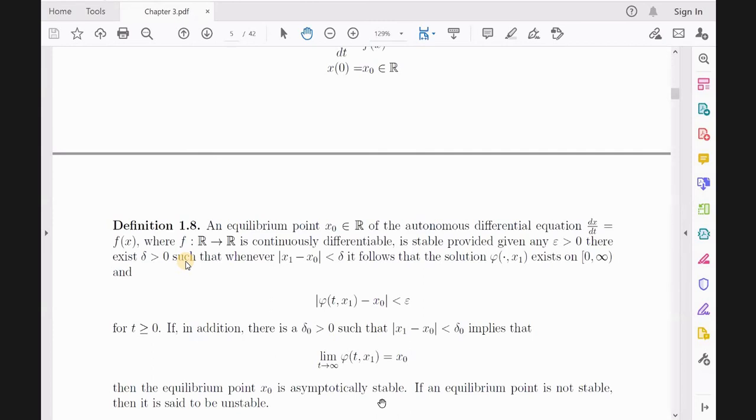And if an equilibrium point is not stable, then it is said to be unstable.